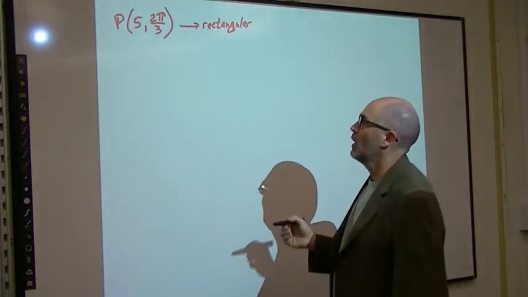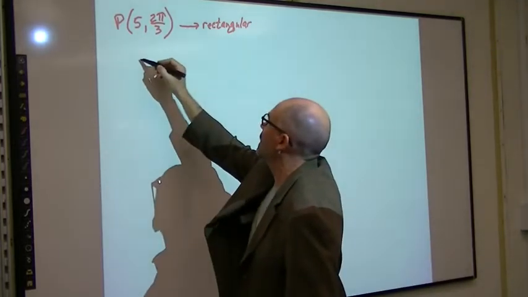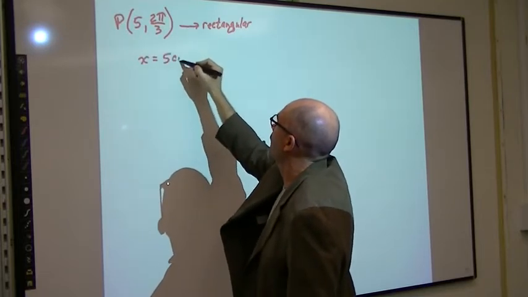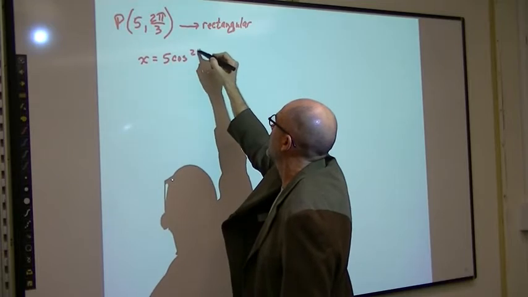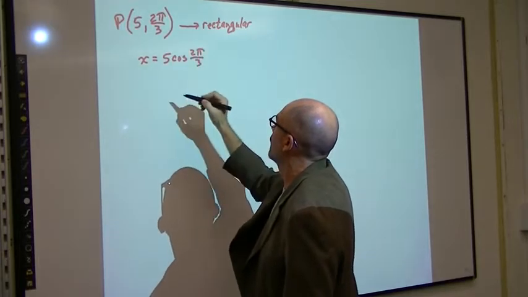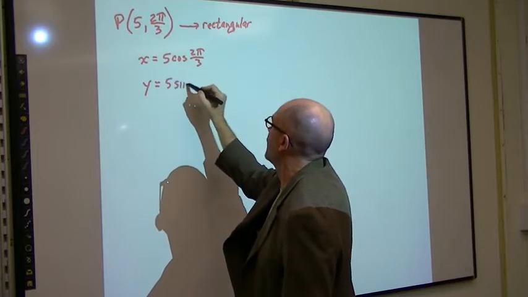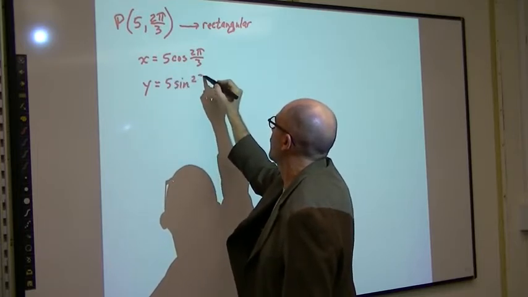All I do is say x equals 5 cosine 2 pi over 3, and y equals 5 sine 2 pi over 3.